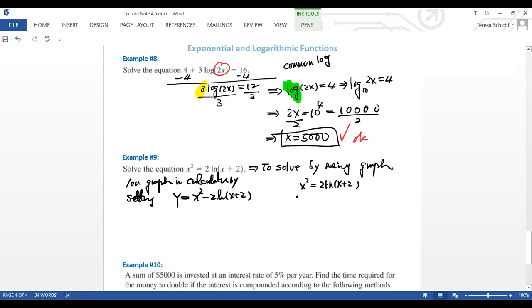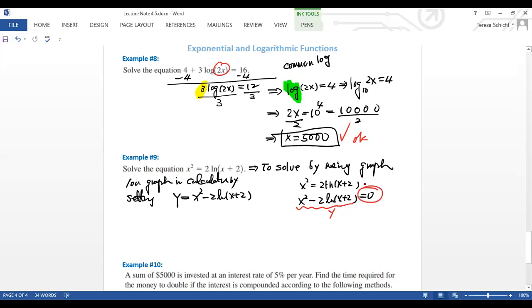So you move this one over. So this is x squared minus 2 natural log x minus 2 is equal to 0. So now that's why you say, okay, I'm setting this one equal to y. So you graph these, right? Then you find out where the y touches zero here.